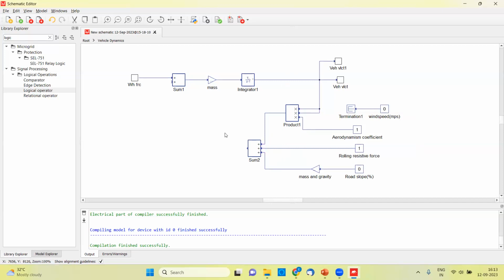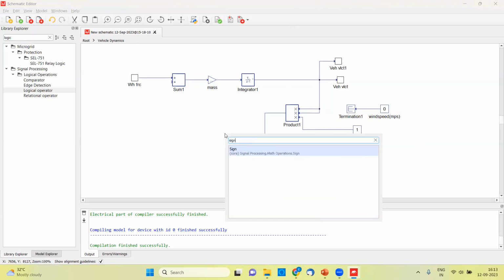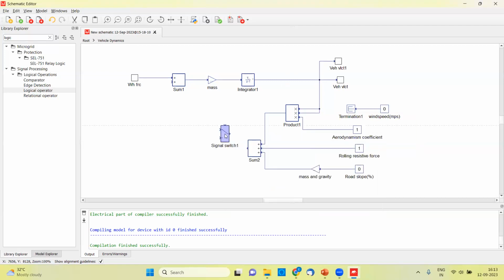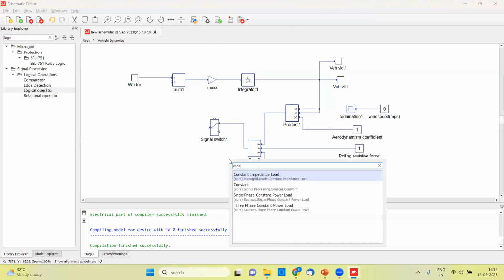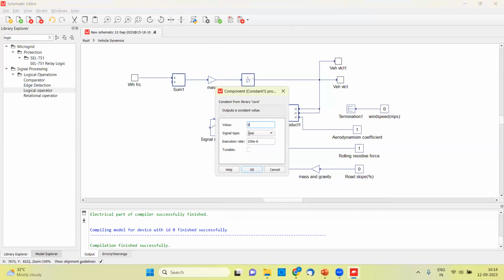Basically, okay, let me just represent it by showing. We are taking one signal switch. In this signal switch, we are having 2 inputs. The first one is connected over here. Then we are having one constant also. This is again 0.